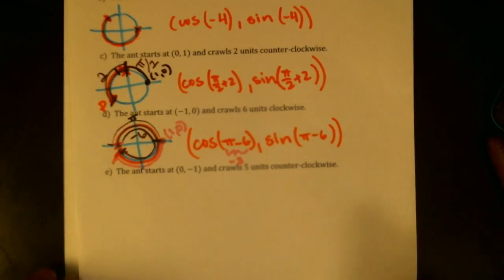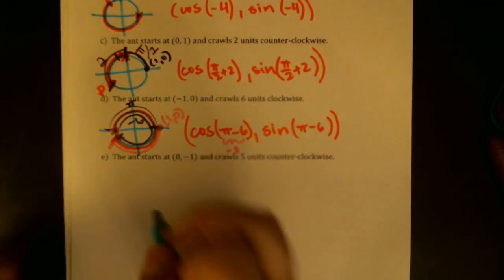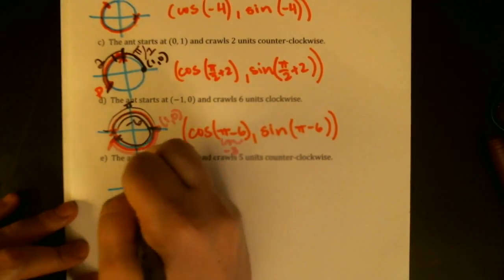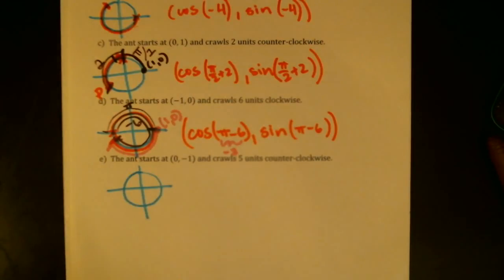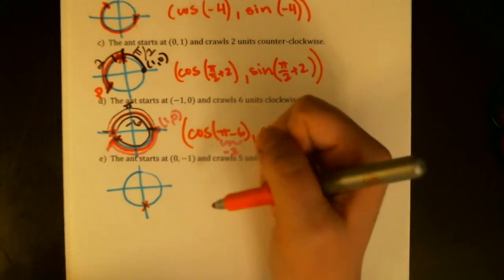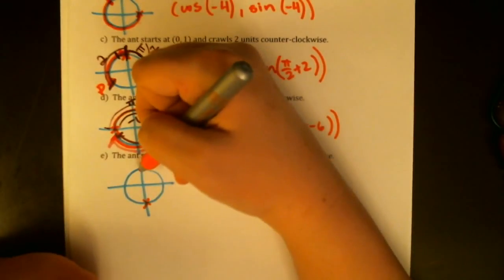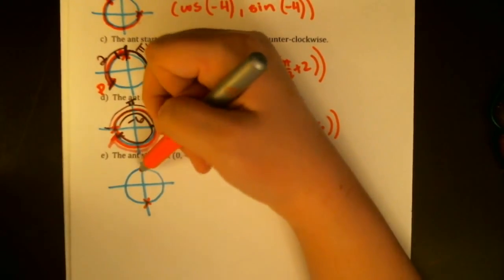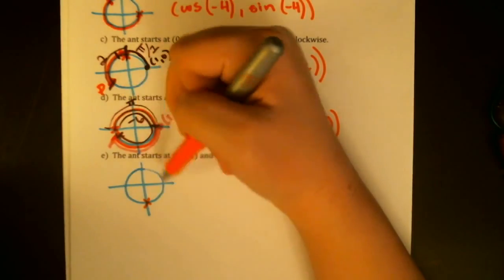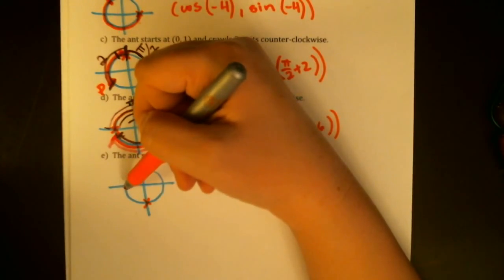Okay, one more of these. Let's say the ant starts at 0, -1. And crawls 5 units counterclockwise. Okay, so this is going to be our usual direction. 5 units. Let me think about this. So we know this is 3.14, and earlier we did the arithmetic and figured out that 3/4 of the way around was about 4.7.